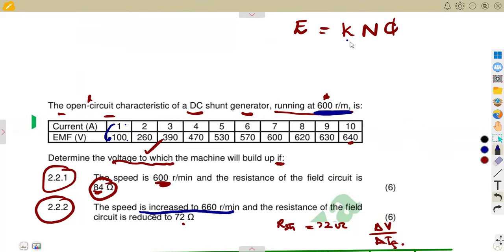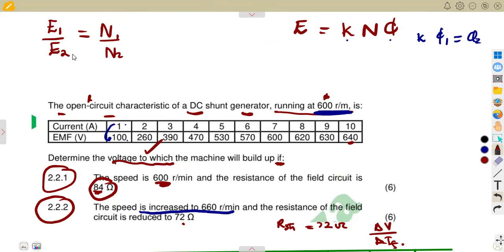Considering that K is a constant, and we are still on the same machine, what changed is the speed. The flux is still the same. Because K is constant and flux 1 is equal to flux 2, the relationship is E1 over E2 is equal to N1 over N2.